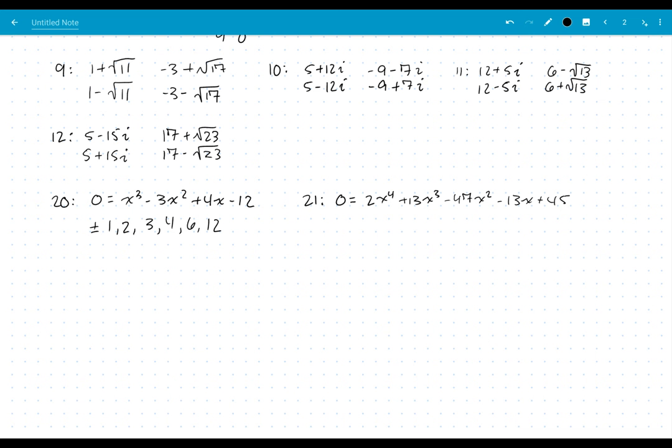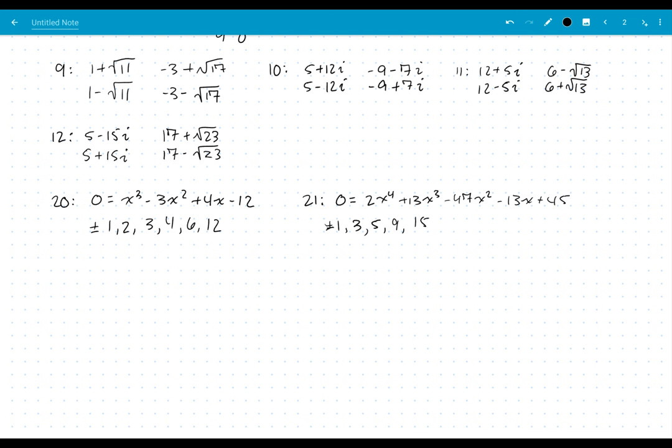So we have plus or minus 1, 3, because 3 divided by 45 is 15. But 45 is not divisible by 2. We have 5, because 5 times 9 is 45, and then we have 9, because 9 times 5 is 45.